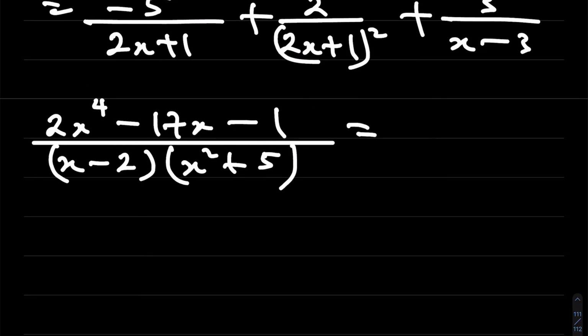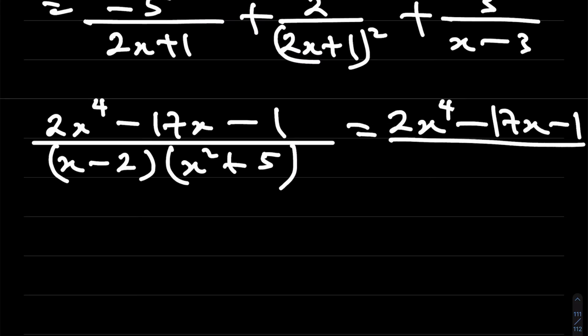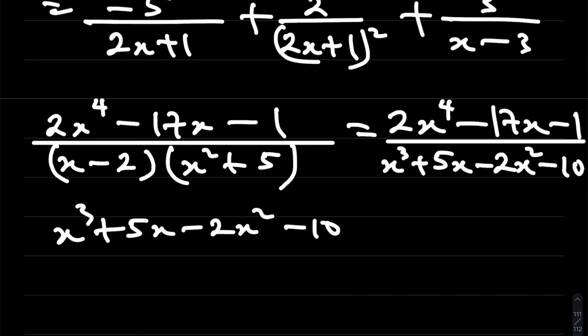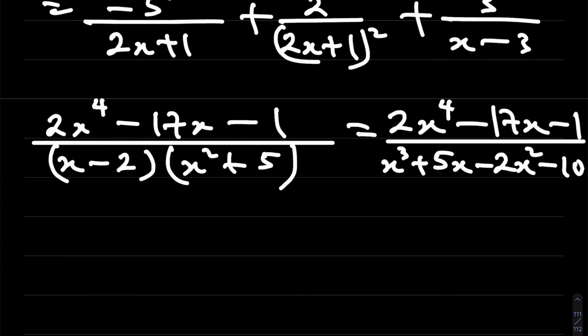First of all, let me expand the denominator. I'm going to have 2x raised to the power 4 minus 17x minus 1 all over this denominator, which when expanded will become x cubed plus 5x minus 2x squared minus 10. Yeah, that's correct. Now we can divide.